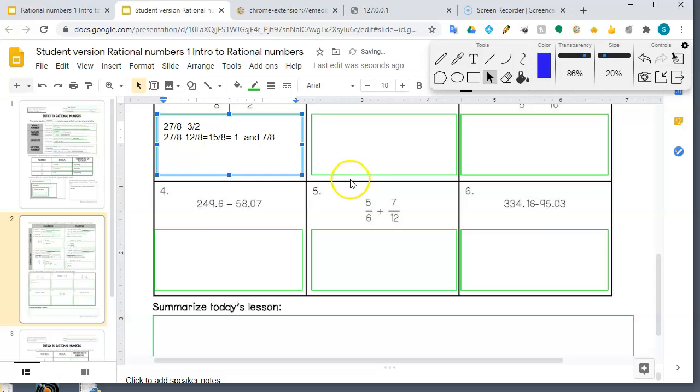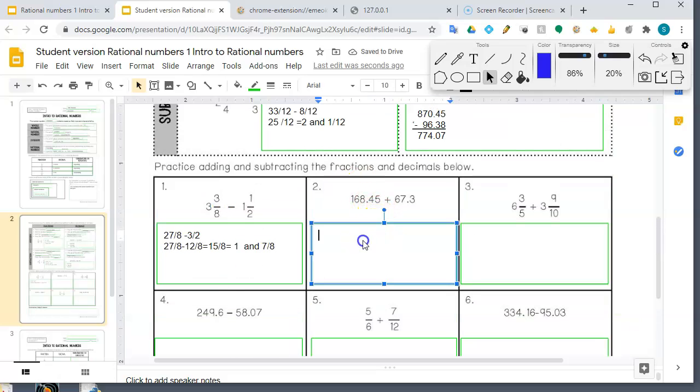Let's look at this one. Alright, we want to line them up, so that is 168.45 plus 67.3, and I'm going to put in that placeholder, add a little space here so everything lines up. Make it underlined so it looks pretty.